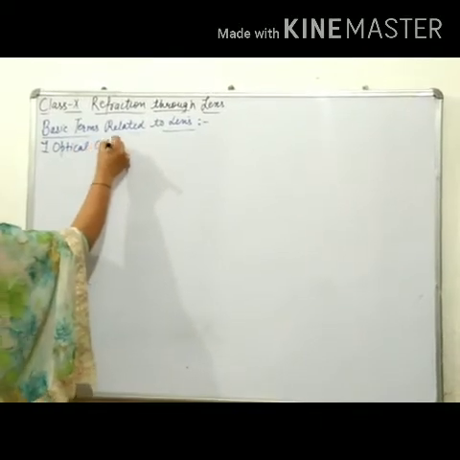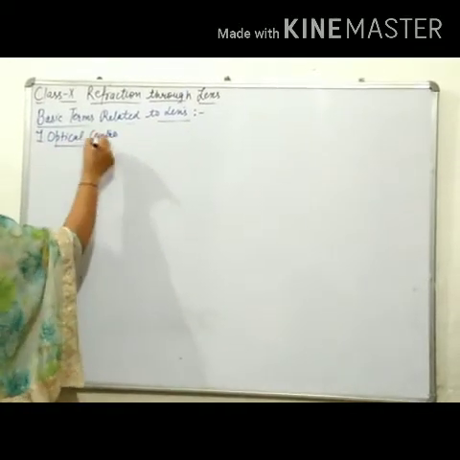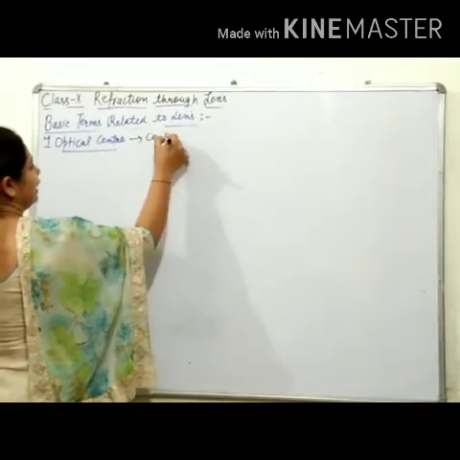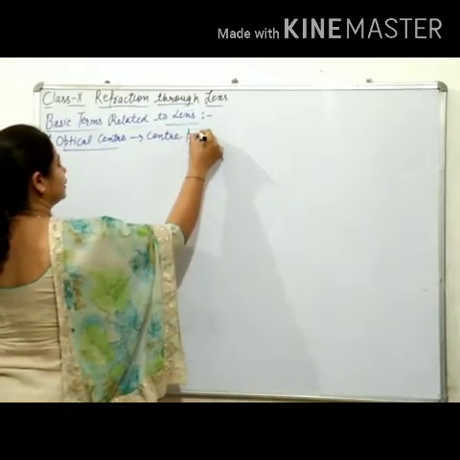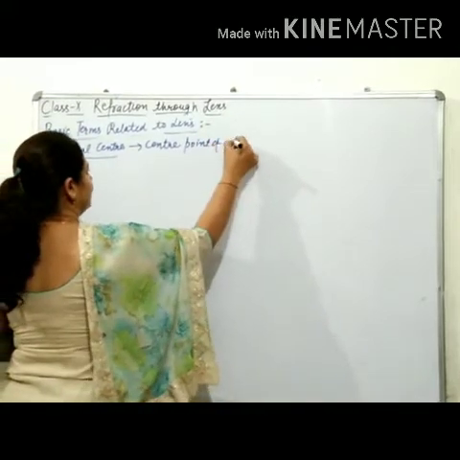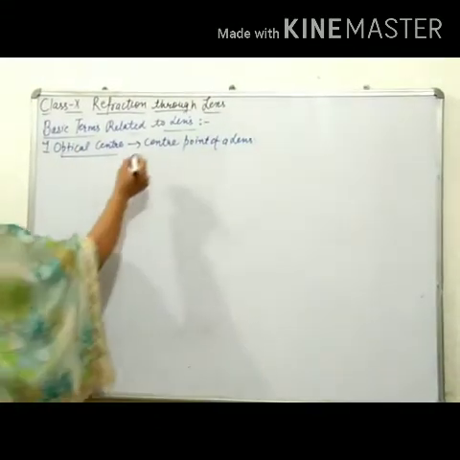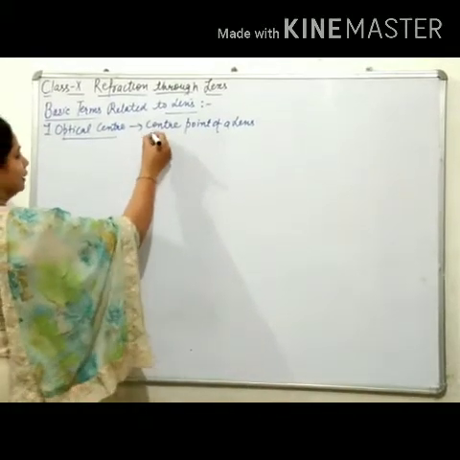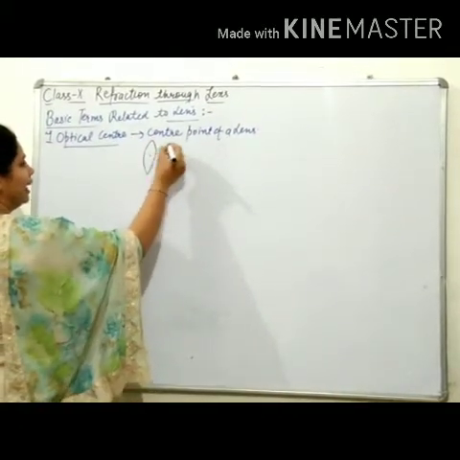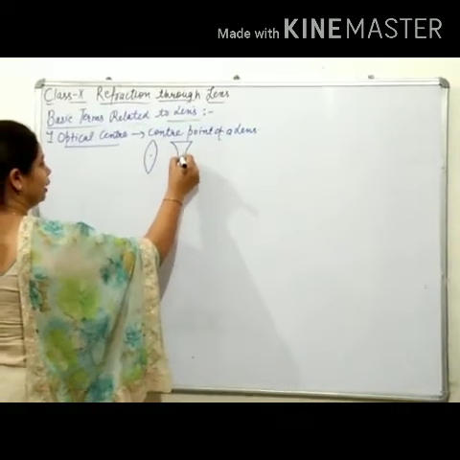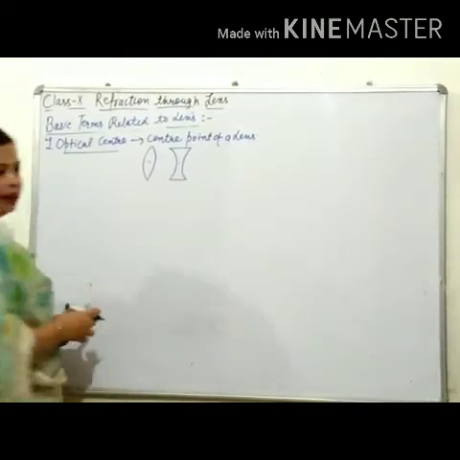What is optical center? As it is clear, the center point of a lens is known as optical center. In the case of a convex lens, this point, and for a concave lens, this point, is known as optical center.